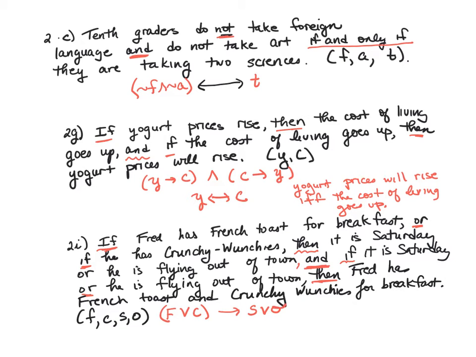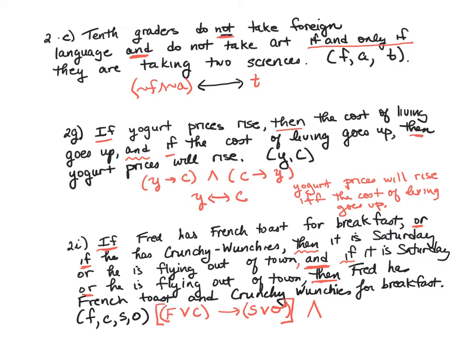I'll put O here because that's out of town. Okay, so that implies the first conditional. And, so this is the first conjunct of the entire conjunction. And notice that, that's quite complicated.